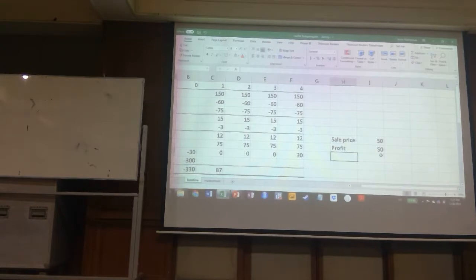Then we need to calculate the tax due. So 20% of the profit. Then your net proceeds is going to be your sale price, whatever you sell for, and then incorporate any tax you have to pay or credit you get back.